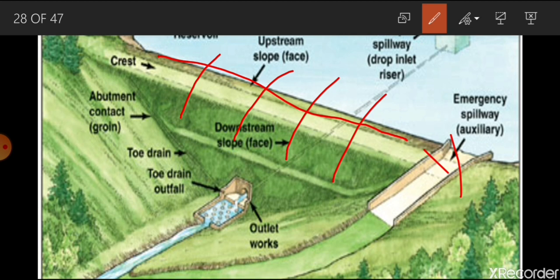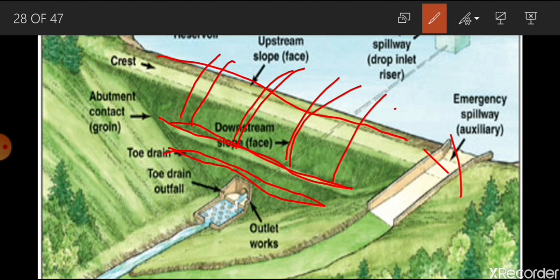I am telling you about different kinds of spillway using the same diagram. So there is a step. Further, there is a possibility of a step. So when the overflow passes over different stairs, which are made permanently, such a spillway is known as a stepped spillway.